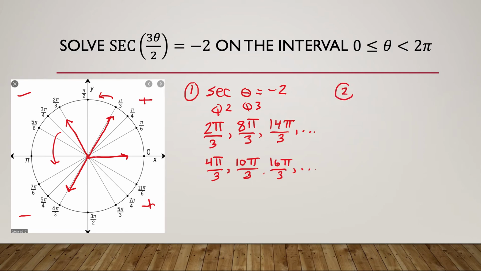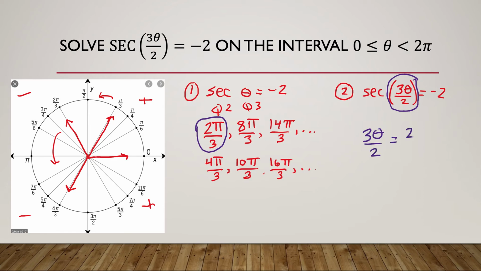All right, second part is to come back to the original problem. Now we're going to look at secant 3 theta over 2 and how that can equal negative 2. This is where we say to ourselves, I need this part to equal the first answer in my list. So 3 theta over 2 equals 2 pi over 3.